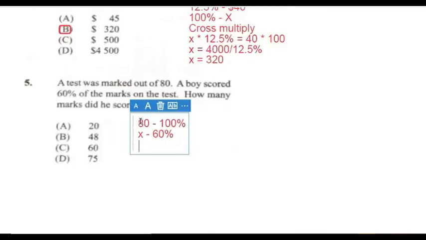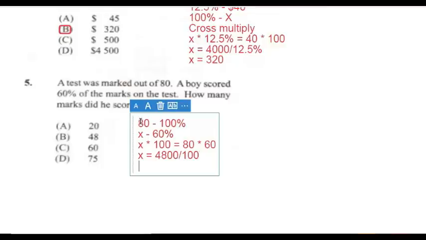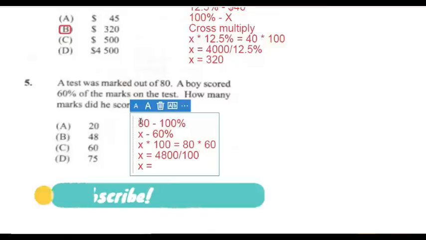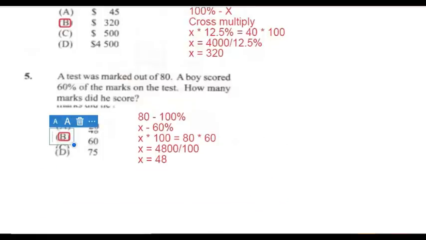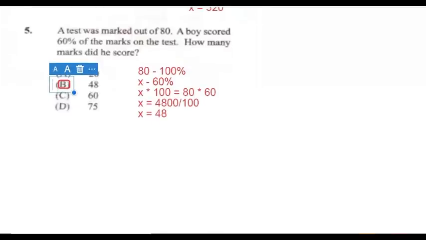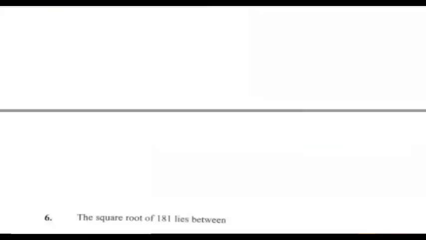So we can cross multiply, and we're now left with x multiplied by 100 is equal to 80 multiplied by 60, and therefore x is equal to 4,800 divided by 100, and therefore x is equal to 48. So what he scored on that test is 48 out of the 80, and that gave him 60%.